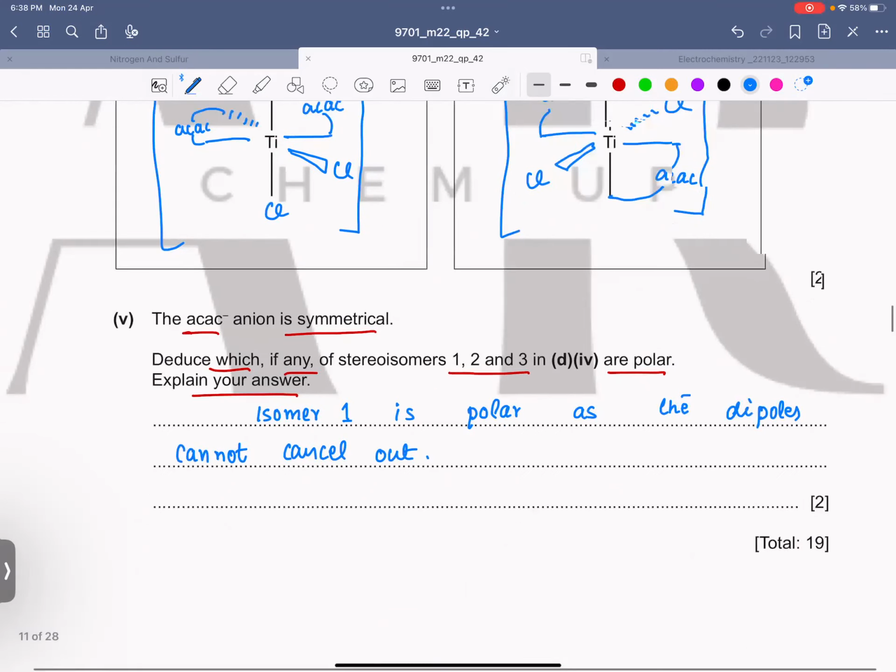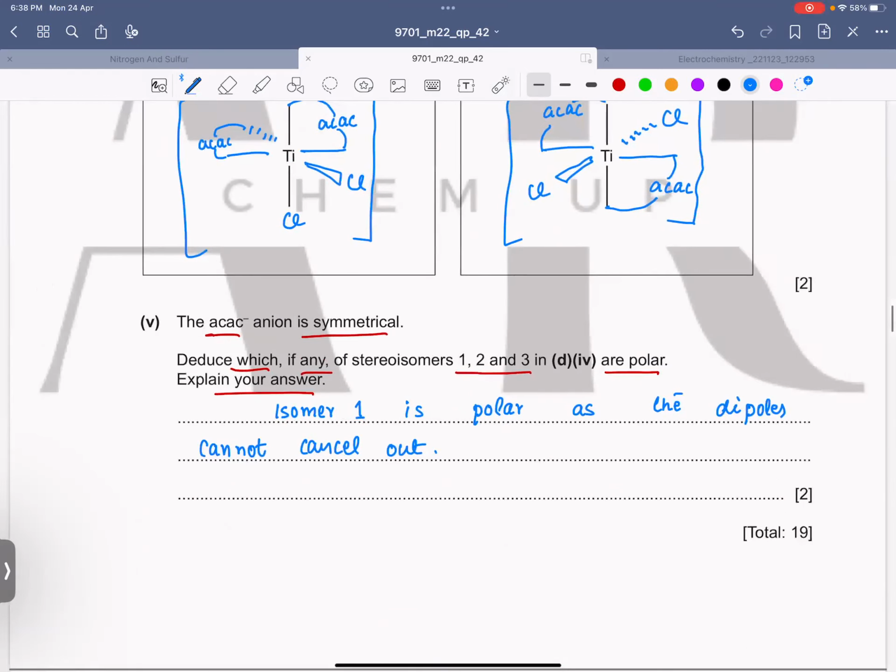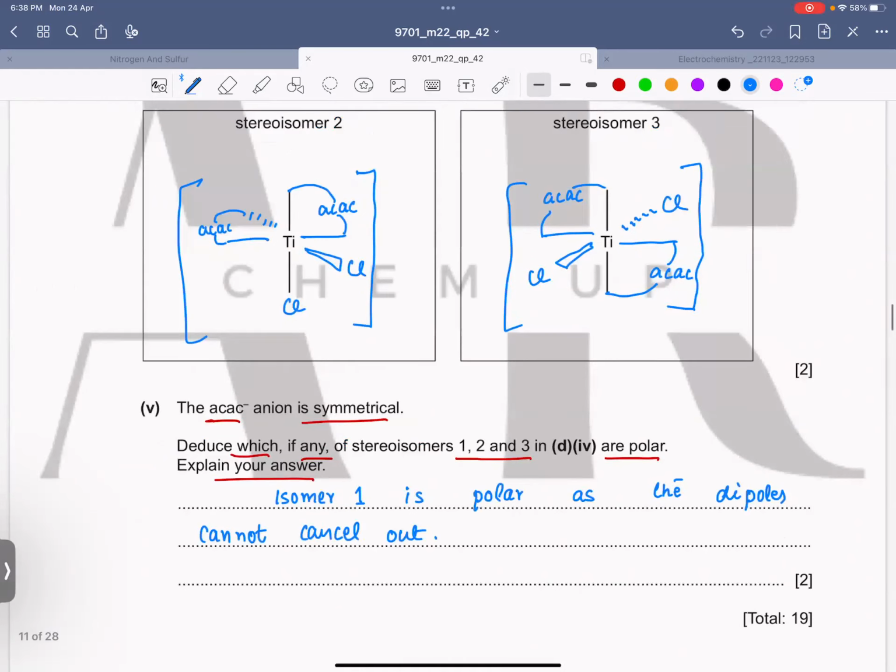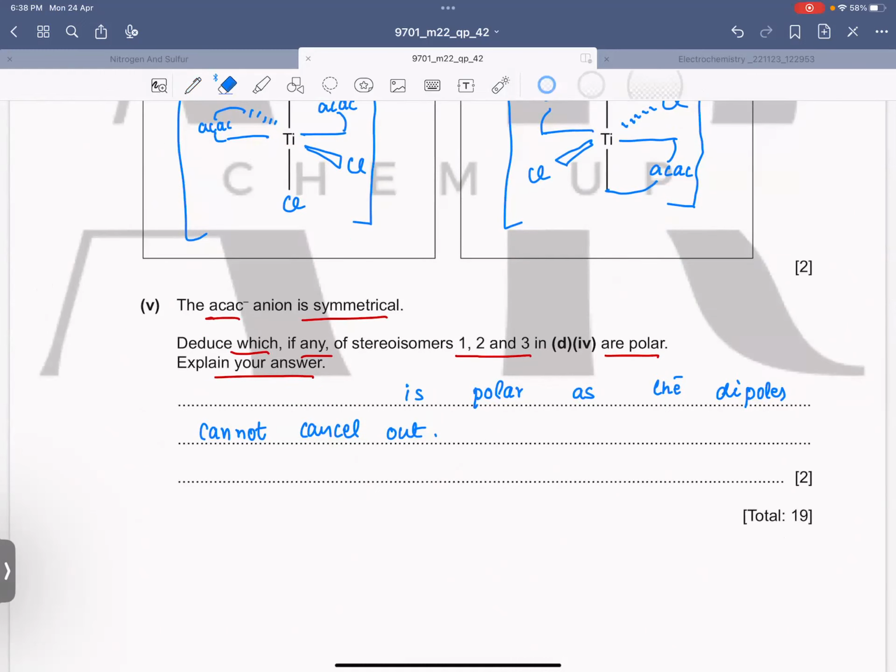Is this clear to everyone? Sir, 2 will also be polar. Yes, both isomer 1 and isomer 2. Sorry, I have to mention that as well. Isomer 1 and isomer 2.